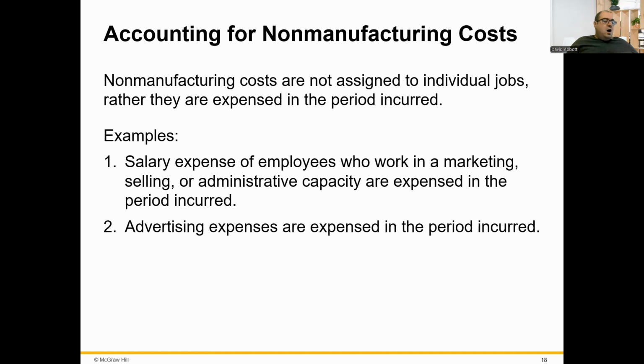Non-manufacturing costs should not go into the manufacturing overhead account. Non-manufacturing costs are not assigned to individual jobs. Rather, they get expensed in the period that's incurred. So, for example, the salary expense of employees that work in a marketing, selling, or administrative capacity would simply be expensed in the period incurred. Advertising expenses get expensed in the period in which they are incurred.